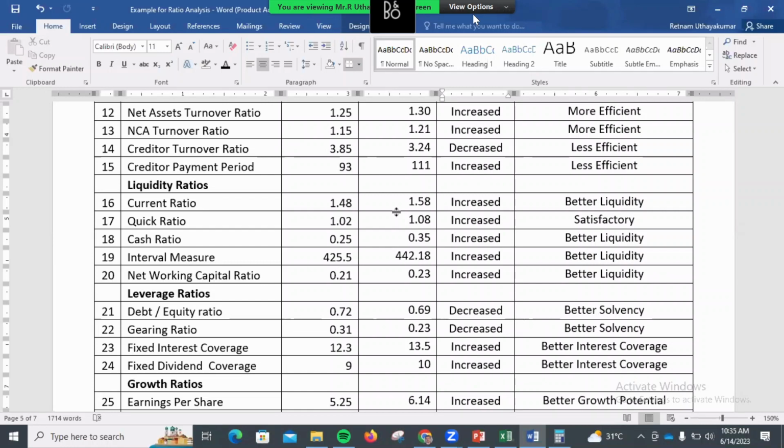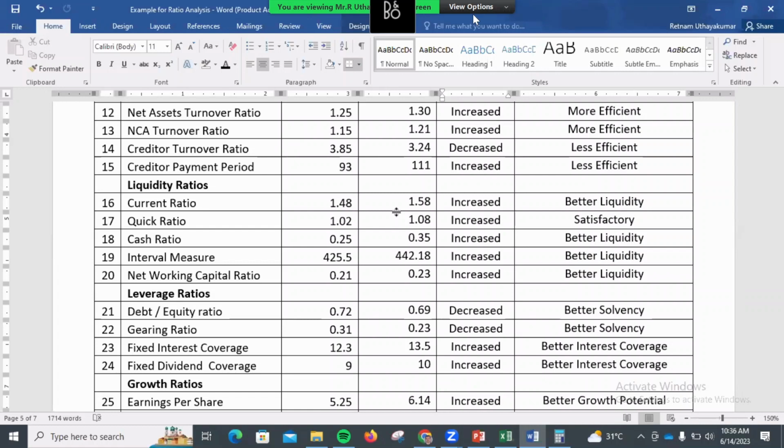Net working capital also has improved. So the overall liquidity position of the firm in 2022 must be described as better than the previous years, because you have the support of these 5 ratios.